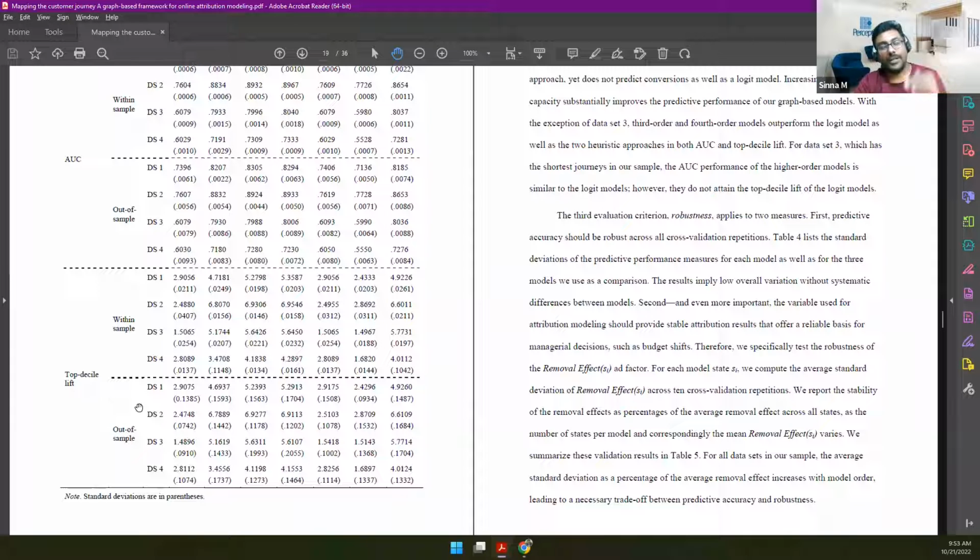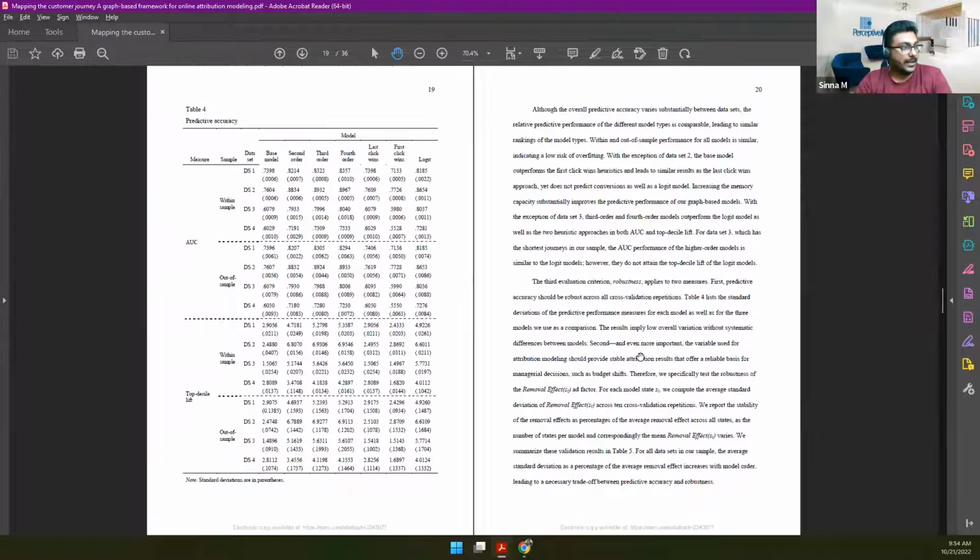After sorting it by the prediction value, you take a look at the top 10% alone, and you see how it compares, right? So here again it is higher on the third order. It's higher on the fourth order, 5.29, right? That's pretty much everything.